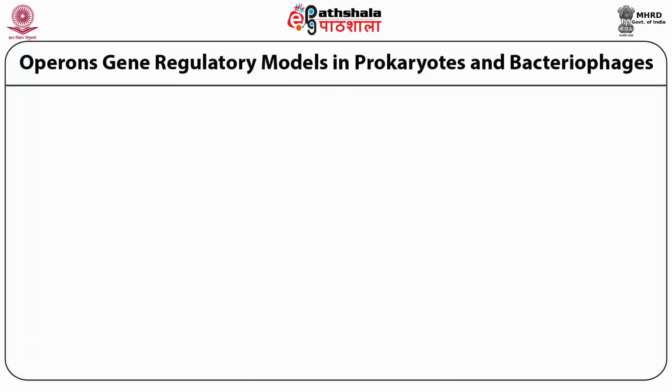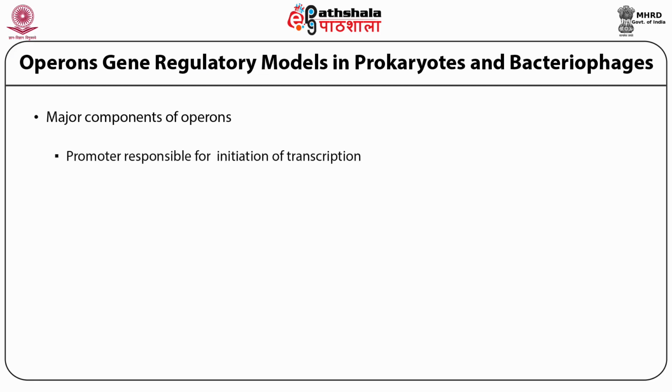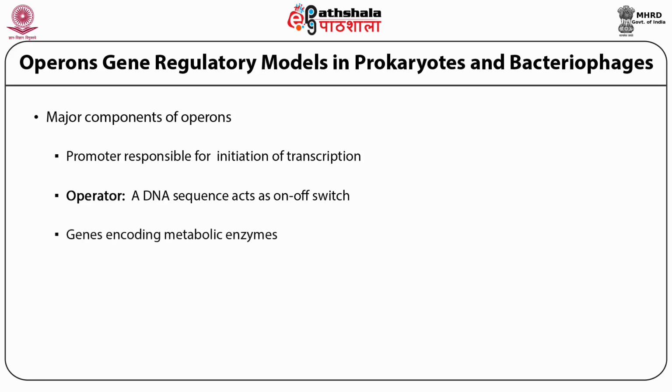Operons: gene regulatory models in prokaryotes and bacteriophages. Major components of operons: a promoter responsible for initiation of transcription, an operator which is a DNA sequence and acts to turn the operon on and off, genes encoding the metabolic enzymes, and a repressor or an activator.